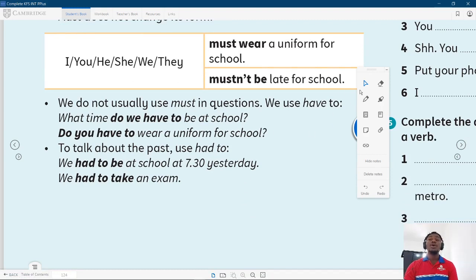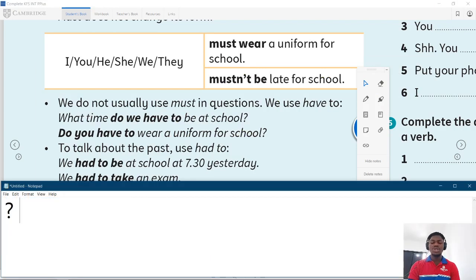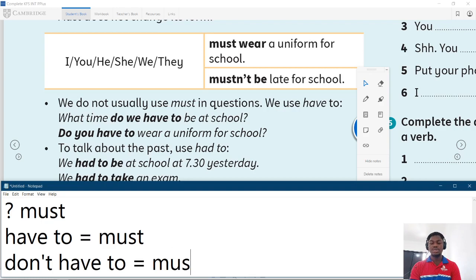Now, in interrogative form, guys, we do not use must, but we use have to. So have to is the same as must, which is obligation, and mustn't is don't have to.